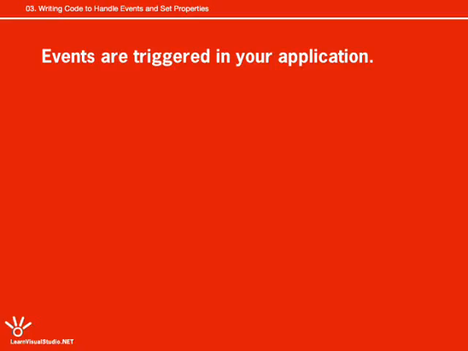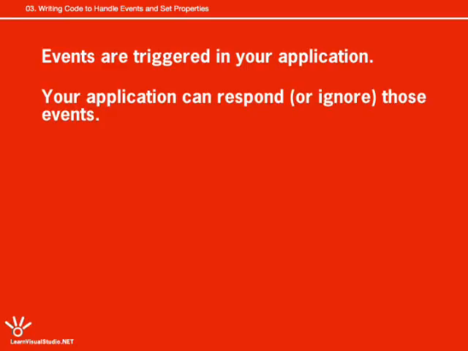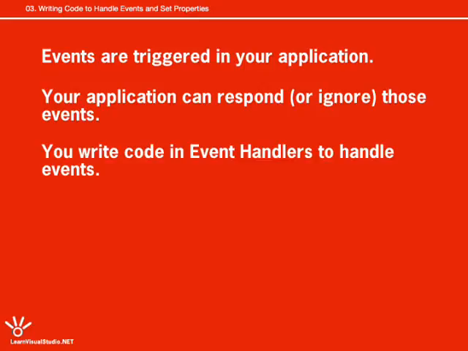But just to keep things simple and to recap for now, events happen within your applications, and you write your applications to respond to those events. And events come from a number of different sources. Some of them can be from the user of the application. Some of them can be from other applications such as Windows itself or another app that's running in the current Windows session. And the way you respond to those events is to write code within a code block called an event handler.